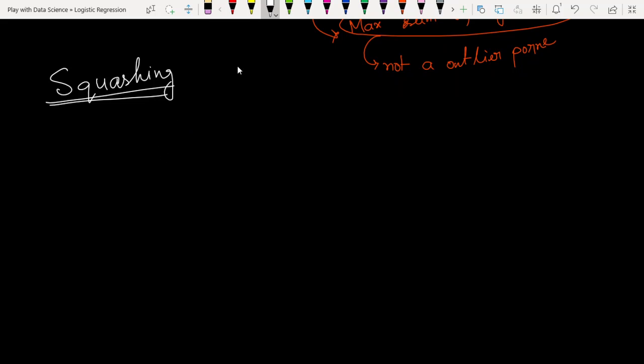So what is the main idea behind this squashing technique? At the end of the day we used the signed distance, summed it up, and took the maximum summed signed distance.